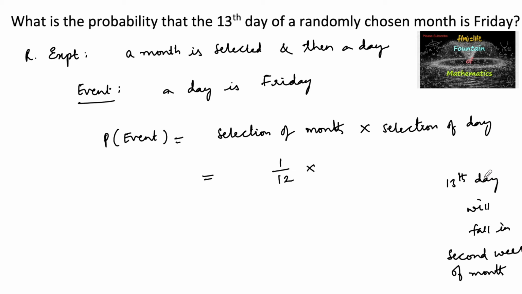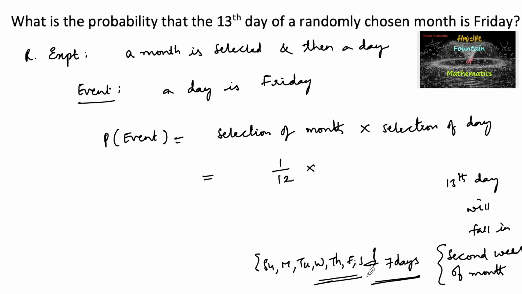In the second week of a month we'll have 7 days. Those days are either Sunday, Monday, Tuesday, Wednesday, Thursday, Friday, or Saturday. So we have 7 possibilities.